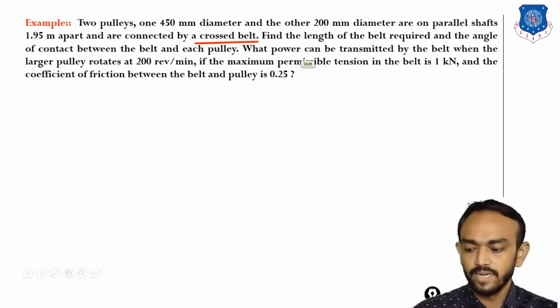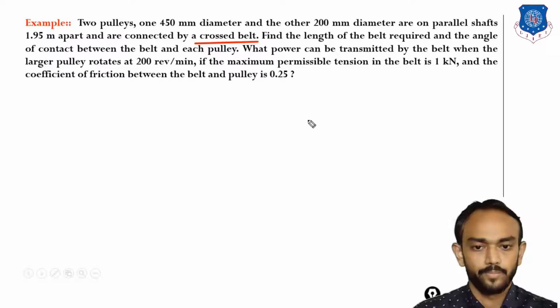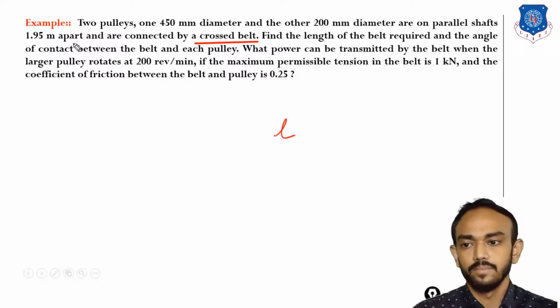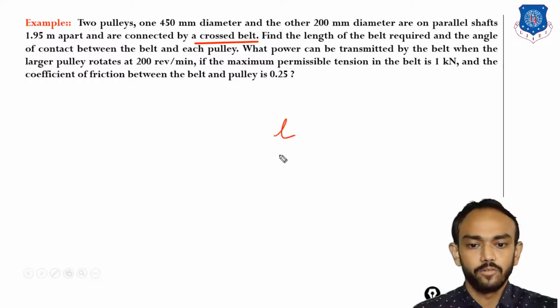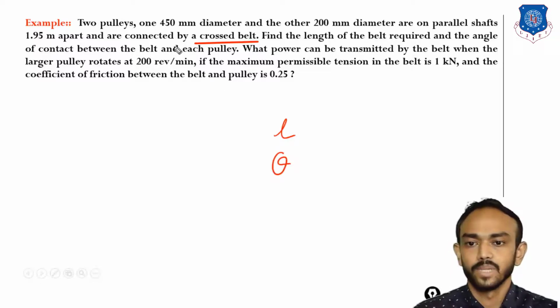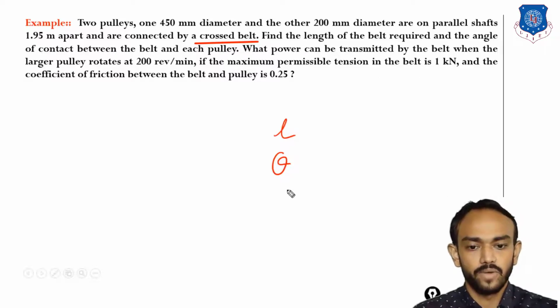We have to find the length here, and the angle of contact, theta, for each pulley. What power can be transmitted by the belt, so we have to find P here.